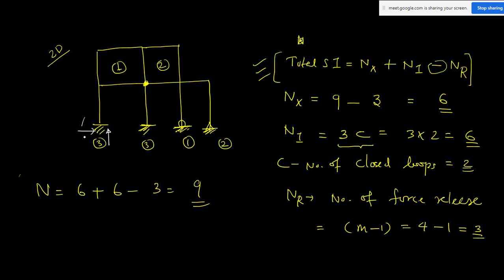Here I have 3, here it is fixed support 3, here roller support 1, hinge pin support 2. So total unknowns are... nx is not unknowns. Nx is unknowns minus equations. How many extra unknowns you have from your equations, that is your nx value. So that is your 6.